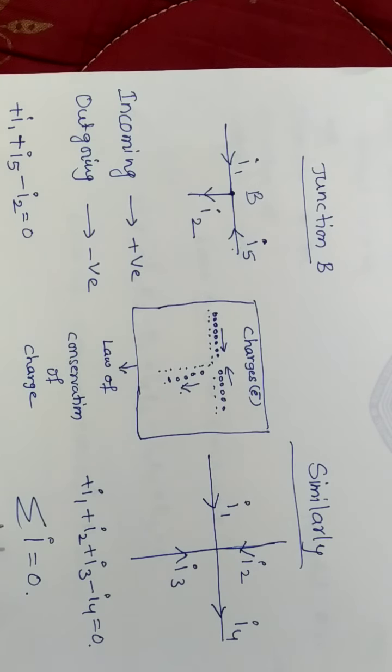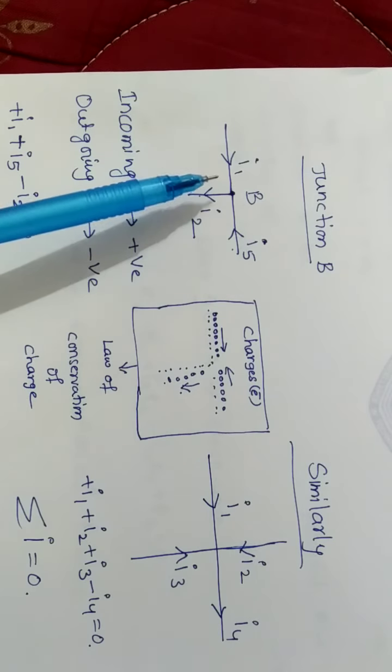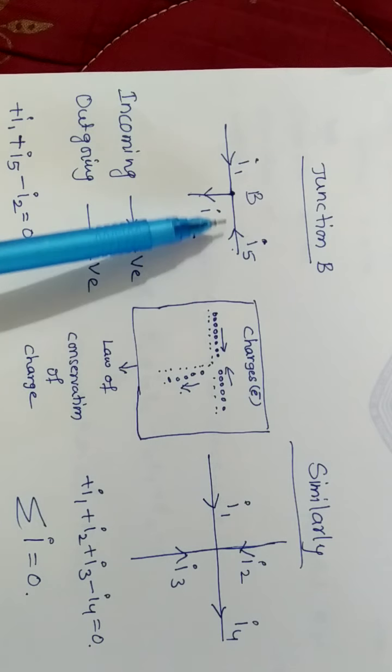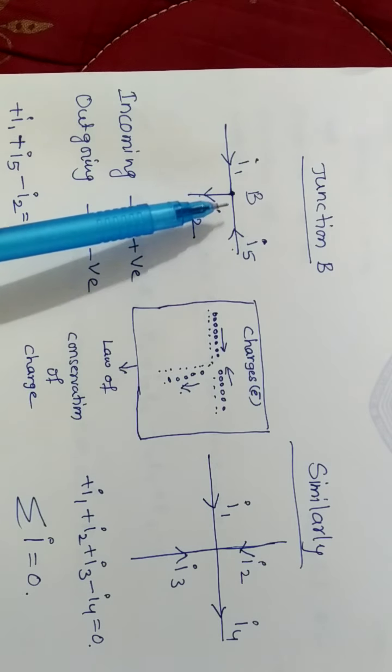Conceptually speaking, Kirchhoff's current law or junction law is a consequence of the law of conservation of charge. Coming to junction B here, I1 is current moving towards the junction, and I5 is also moving towards the junction.